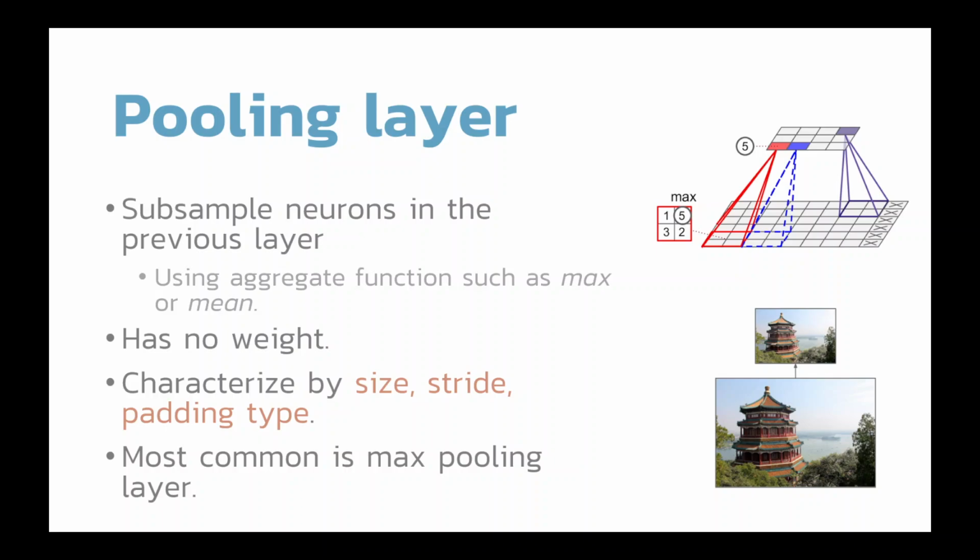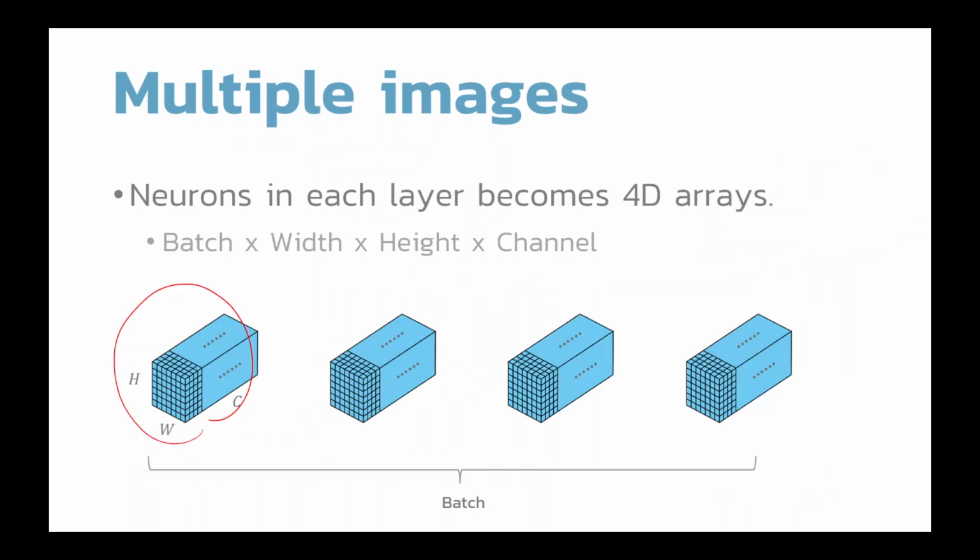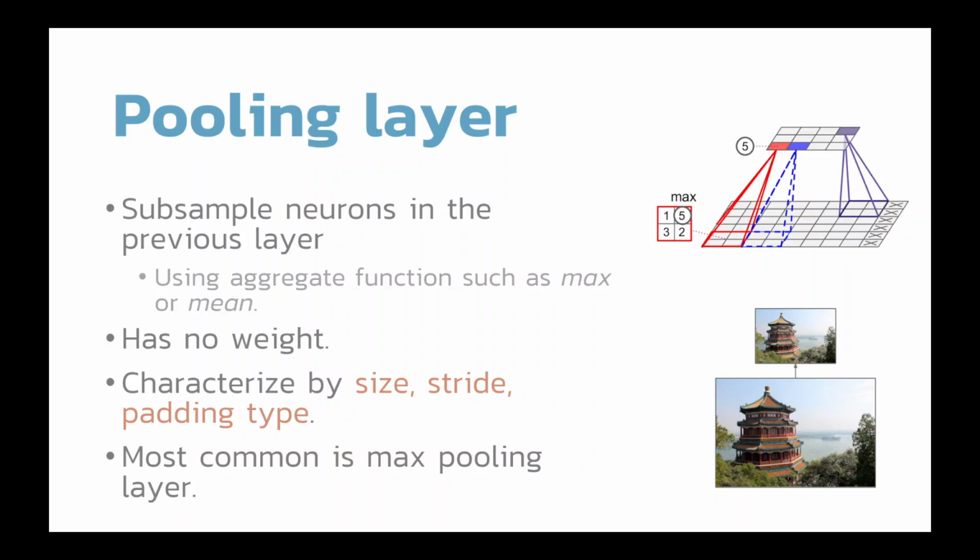Okay, so we are done with what's called the convolutional layer. The convolutional layer is essentially the kernel that does the convolution operation on the input data. But in the real CNN architecture there is more, because the convolutional layer by itself is not enough for computational efficiency.